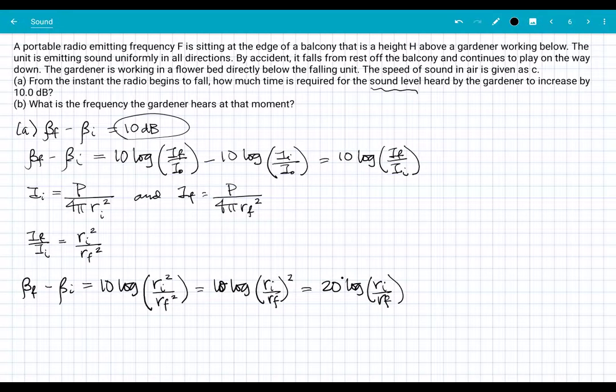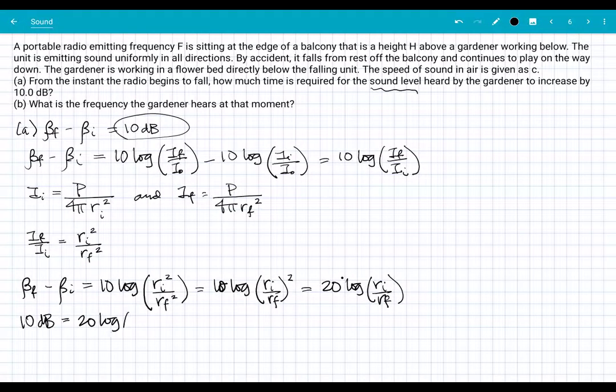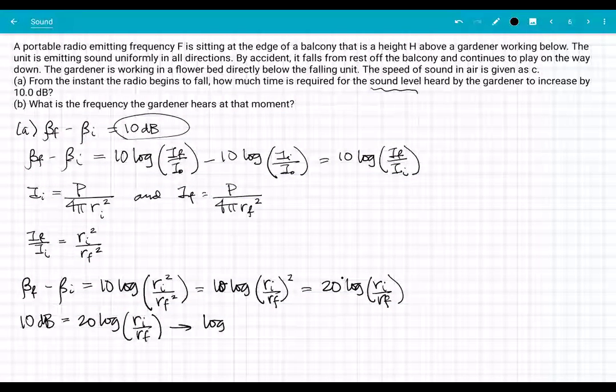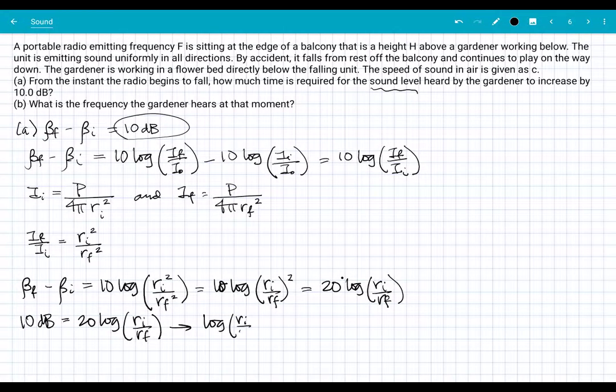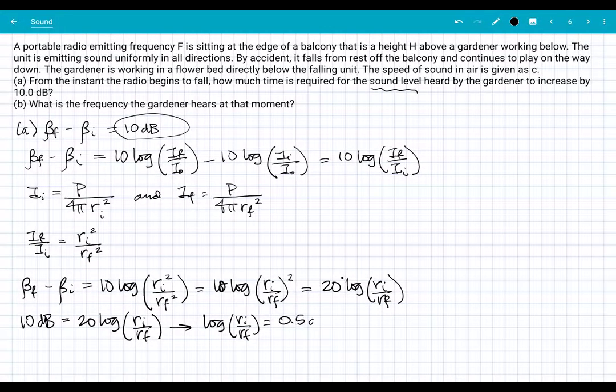So I can pin this down then, and I can say 10 decibels is equal to 20 log r initial over r final. And then simplifying, log r initial over r final is equal to 0.5.